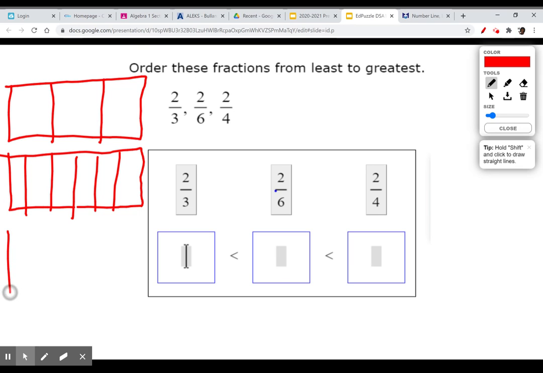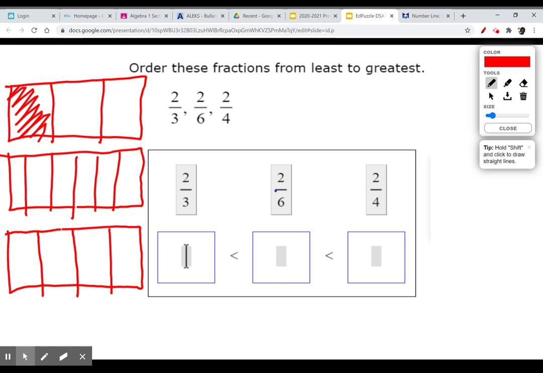I'm also going to make this one the same as much as possible. Okay, now if I'm shading these in to do 2/3, there's my 2/3. For 2/6, there's my 2/6. And for 2/4, there is my 2/4.